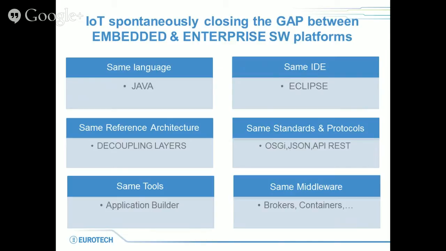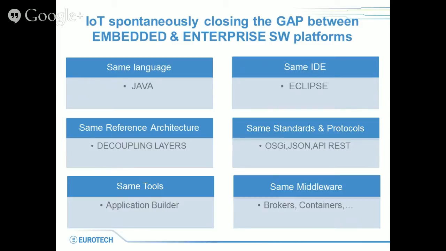We use the same tools, and this is interesting stuff that we see. It is not new in the enterprise world to have application builders, application studios, designing the screens, designing the workflows, designing the business logic, and then generating the web application, the internet application. And now we see emerging also in the embedded space the development of tools like this.